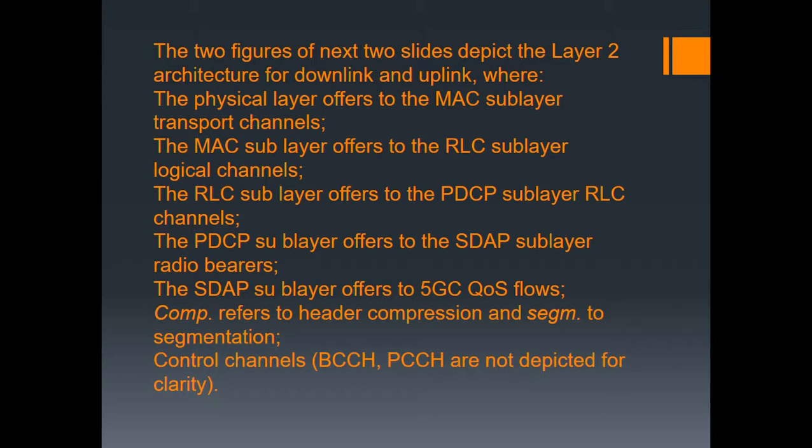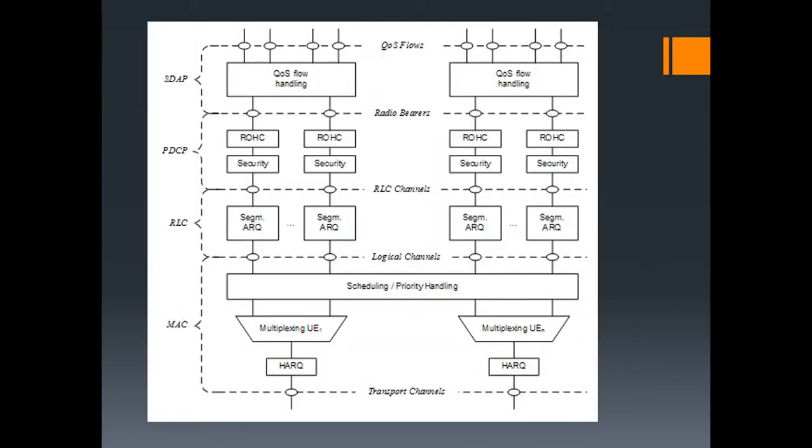And so control channels, like the broadcast control channel, and physical control channels are not depicted for clarity. So we have this kind of diagram: MAC, RLC, PDCP and SDAP. And we also have robust header compression and security and QoS handling scenarios depicted in this.